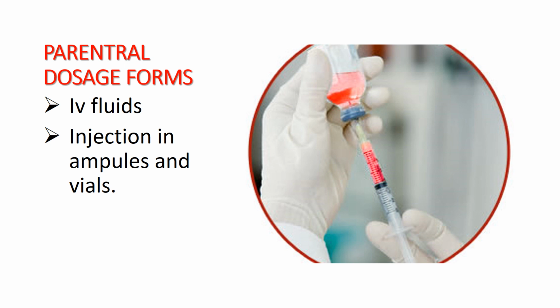These are the large parenterals which come under IV fluids. Injections in ampules and vials are small parenterals. So parenteral dosage forms include large parenterals, which are IV fluids, and small parenterals, which are those taken from ampules and vials.